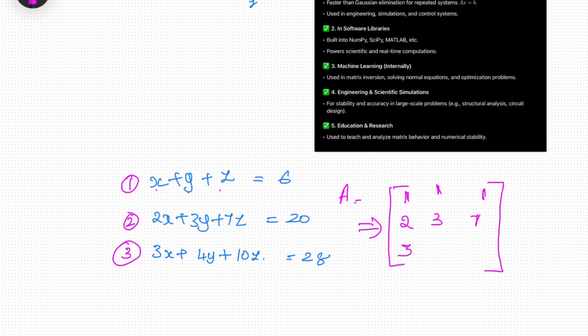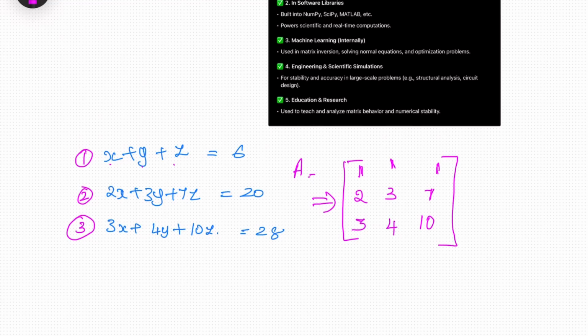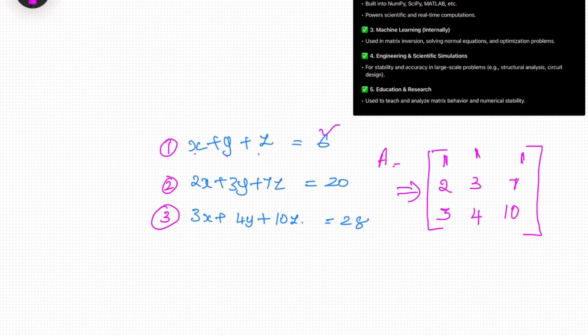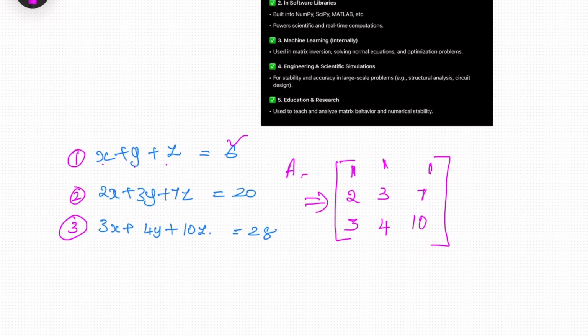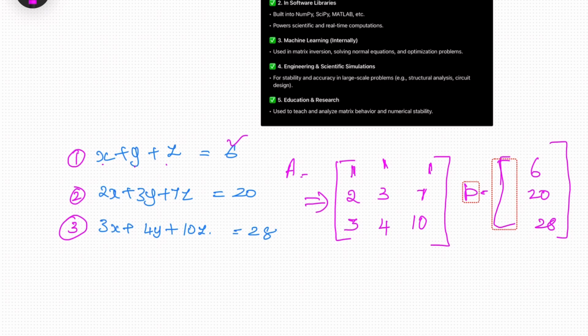For that I am basically taking a set of equations. So the first equation is x plus y plus z. I have written here, but let's do it manually. Another equation I have is 2x plus 3y plus 7z.